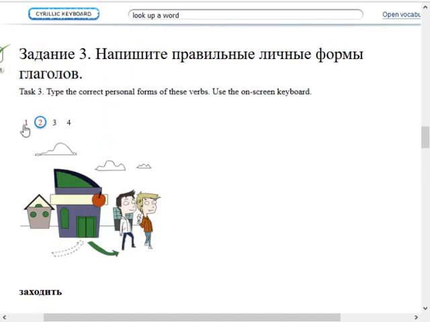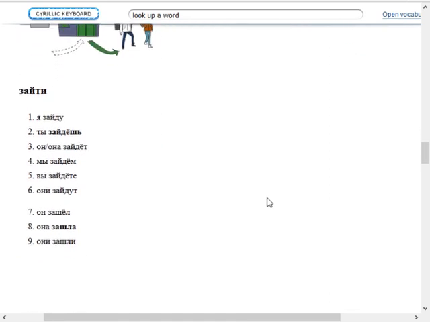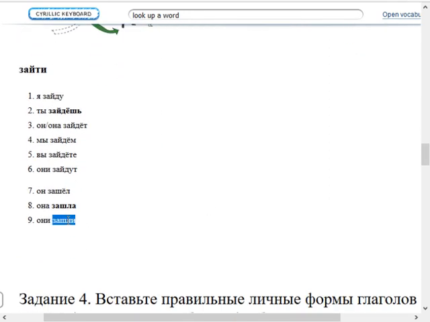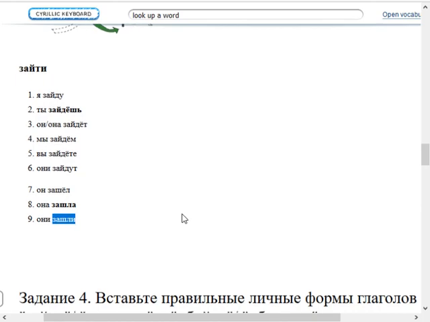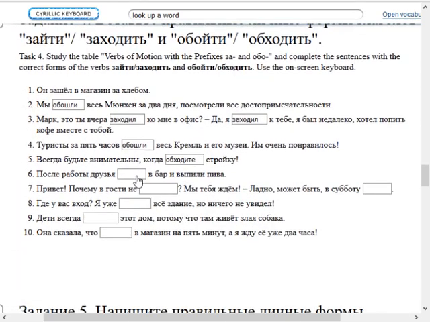Question is it zaходить or зайти? Well, it appears to be зайти. And since it's plural past tense, then it's зашли. So, после работы друзья зашли в бар и выпили пиво. After work, friends stopped in at bar and drank beer.